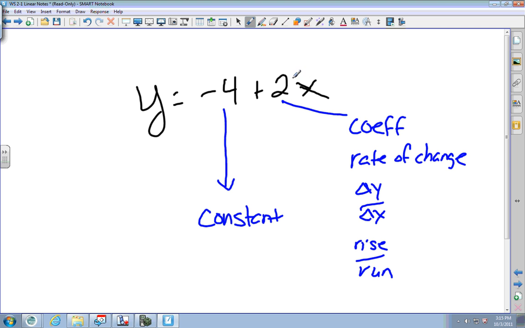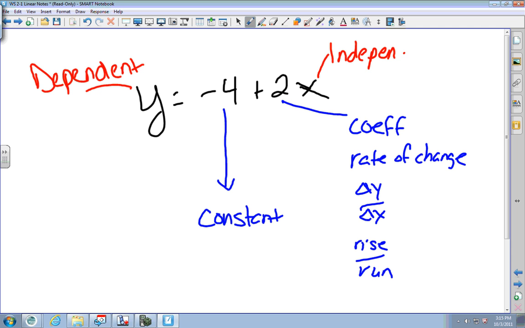Now, out of these two, which one is the independent and which is the dependent? The y is the dependent. It is the last thing, the thing here at the end. The x is the independent. It's the thing that we first multiply by. Remember, the independent is also called the domain.